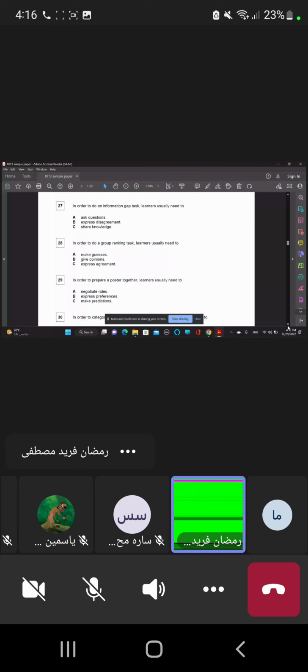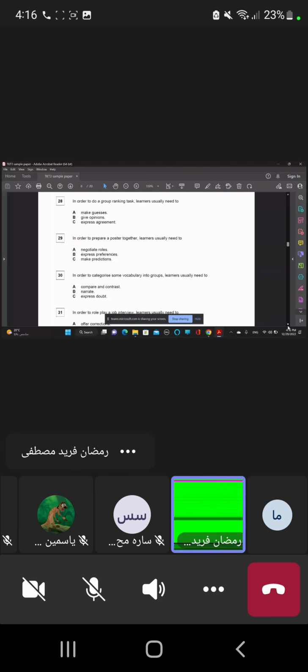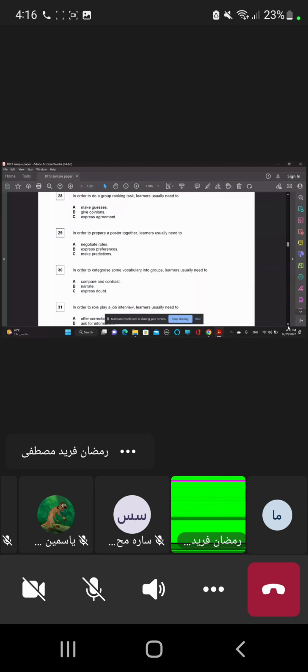Next, in order to prepare a poster together, learners usually need to negotiate roles, express preferences, make predictions. Which ones are correct and which ones are not correct?